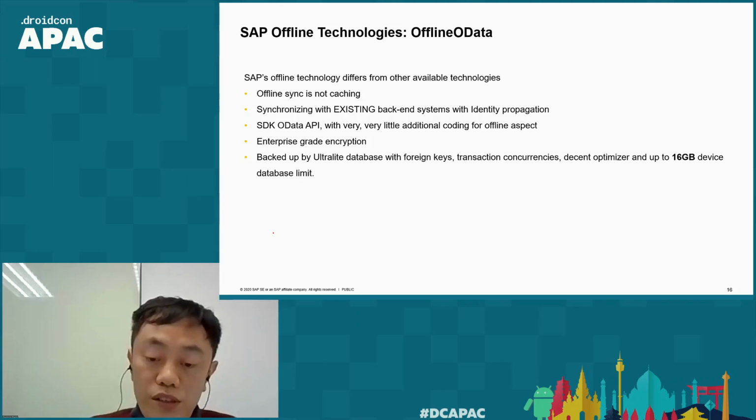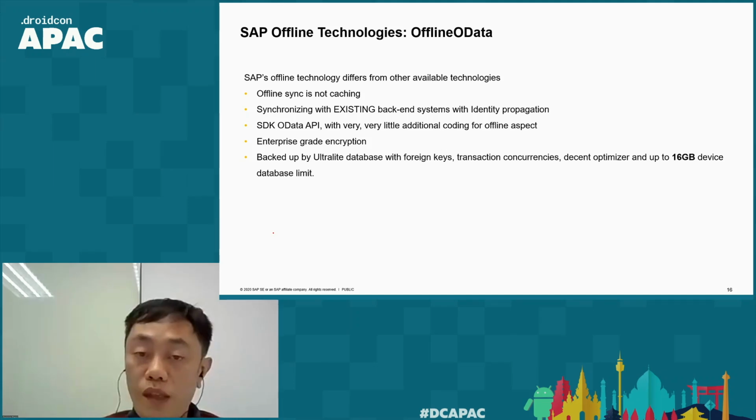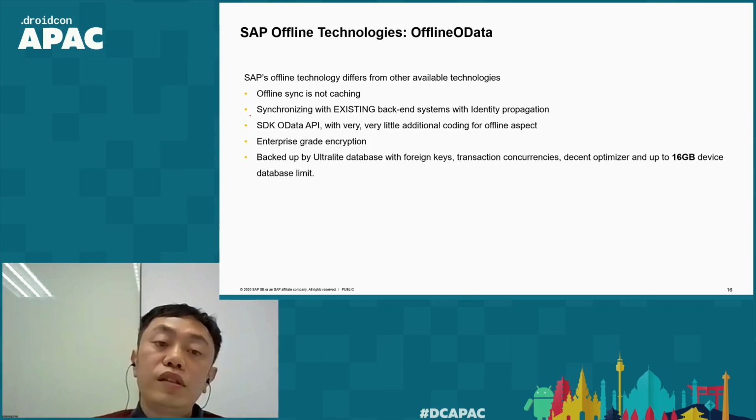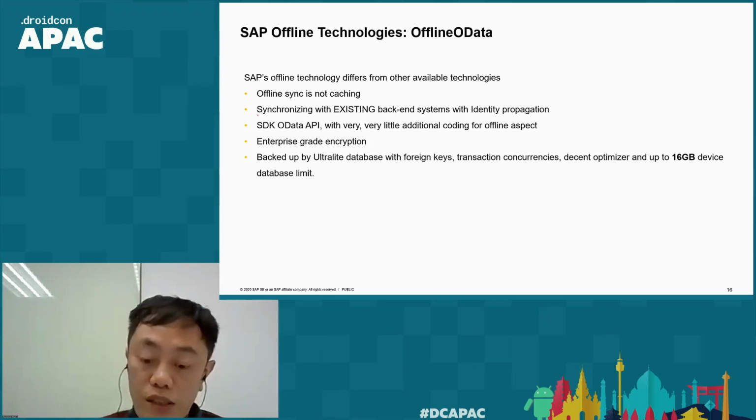When you work with the local data, it's just like you talk to the backend directly. You have full capabilities. And then mobile service has pretty complex SSO mechanisms that allow you to talk to the existing backend.